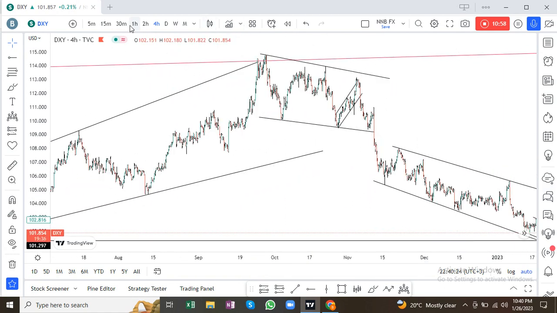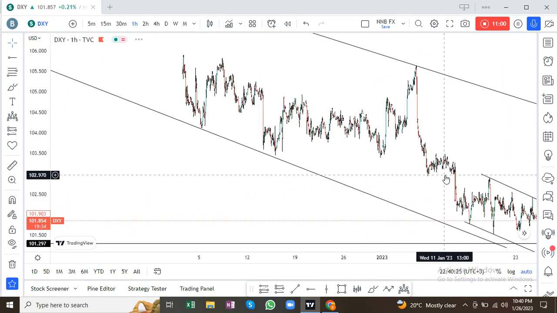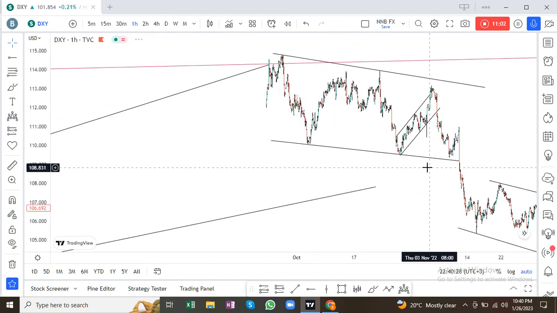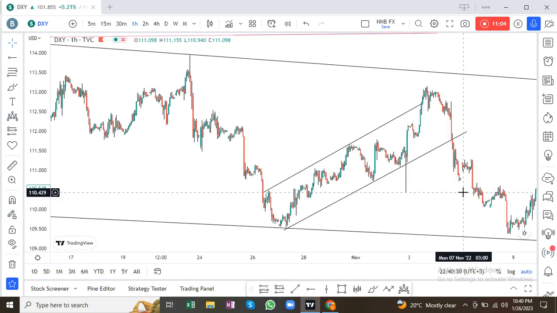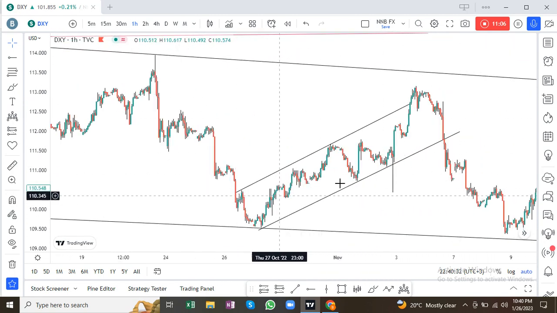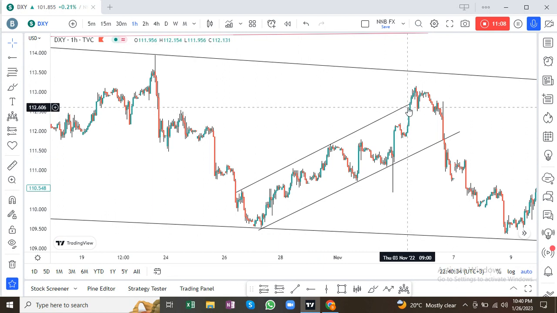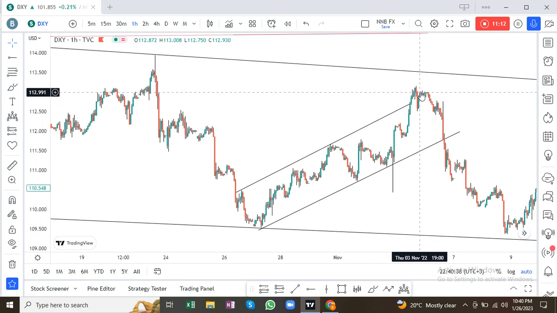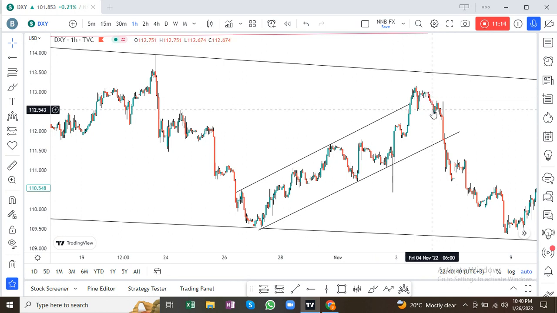So if you had entered from here, we'll go down to the 1 hour time frame. You couldn't have entered with a risk entry because it got to the touch impulsively. You would have waited for the market to impulse down.